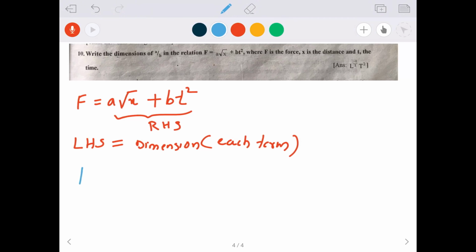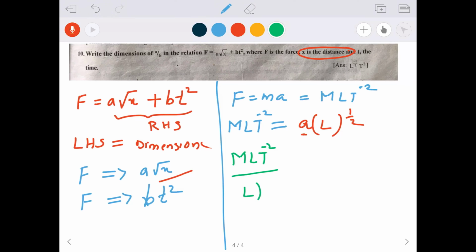So we need to find the dimension of A. So the dimension of A I can calculate as m L t raised to minus 2 on the LHS divided by L raised to 1 by 2, which is equal to the dimension of A. Just a cross multiplication.